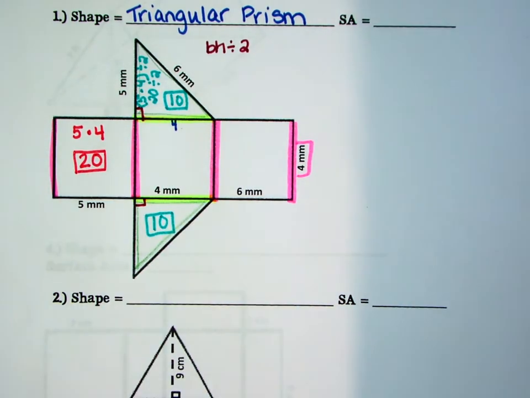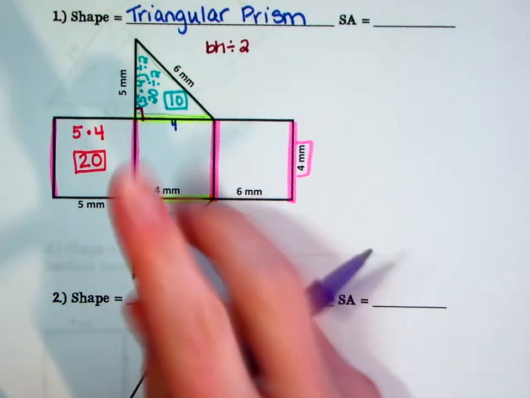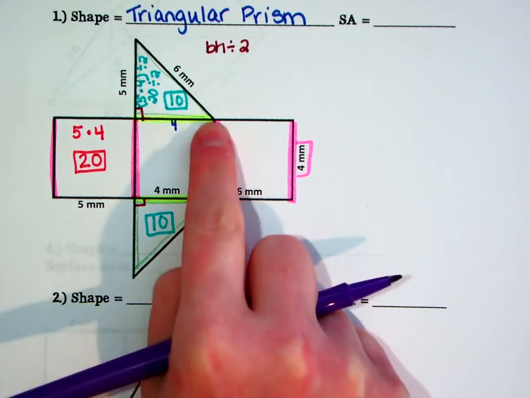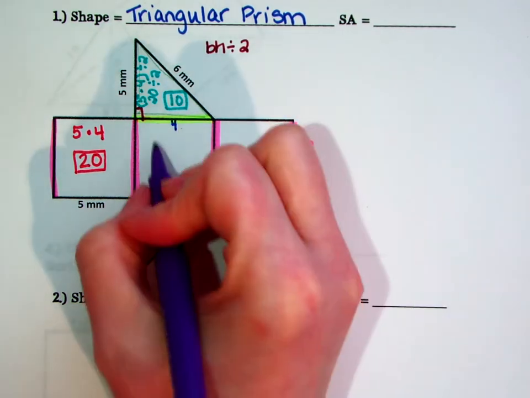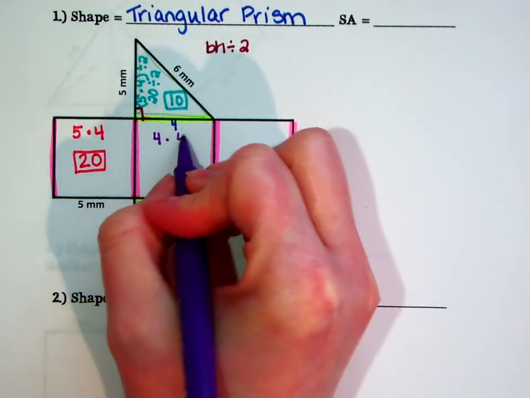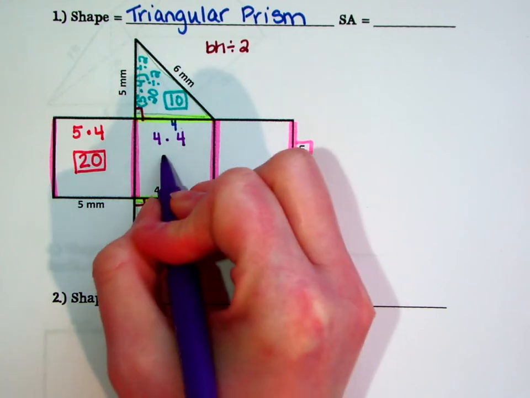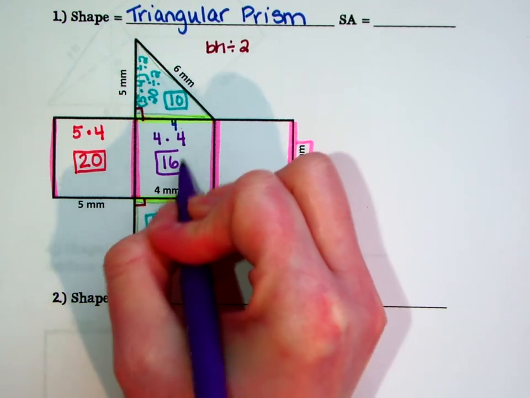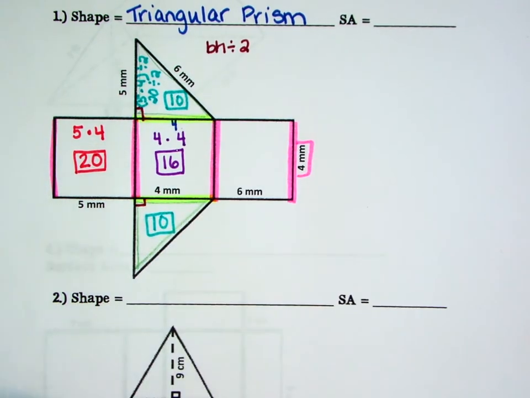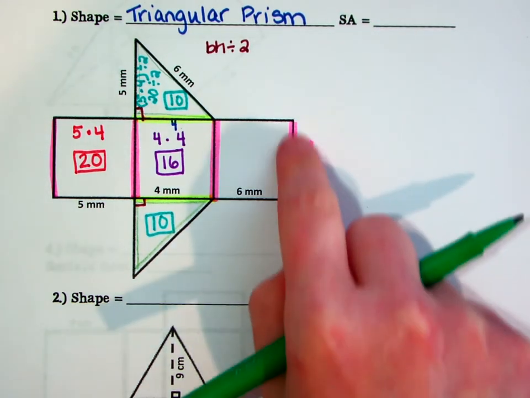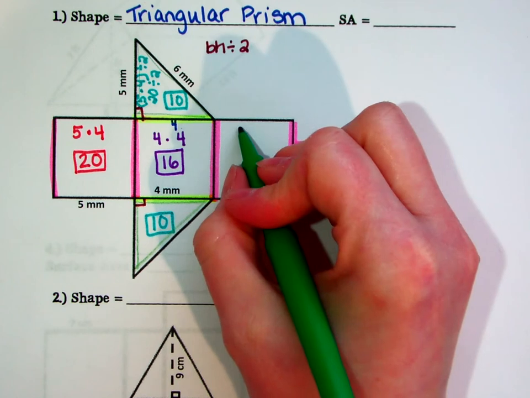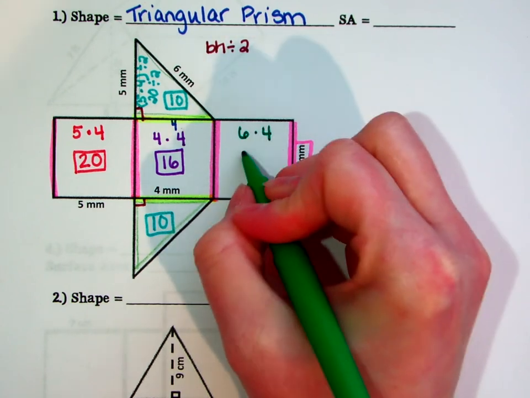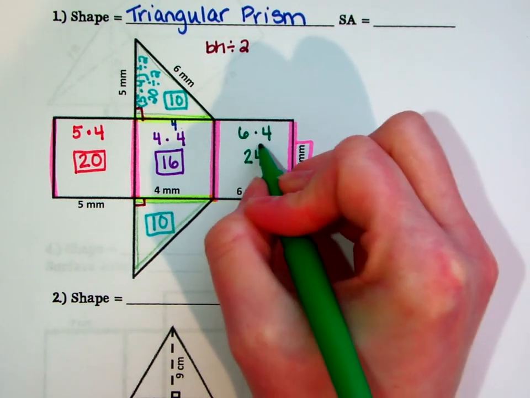Then we'll move on to the middle rectangle. He is actually a square because I see his base is 4 and I know that this side is also 4. So he is a 4 by 4. 4 times 4 is 16. And then the last rectangle we have is a 6 by 4. So we have 6 times 4, the product of that being 24.